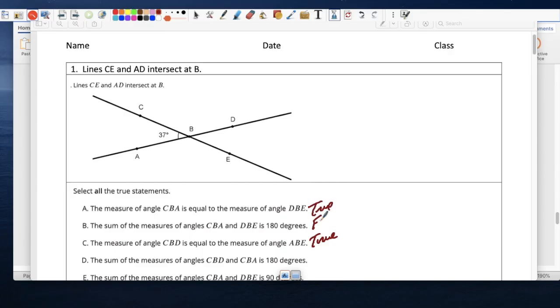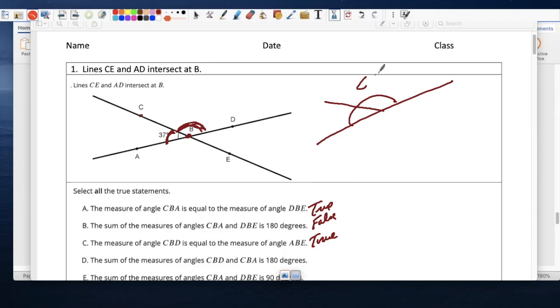This one's false. Sum of the angles CBD, so let's go for angle CBD. C, vertex B, this angle right here. And angle CBA, and this angle over here. So these two angles equal 180. Well, that is true. Look, it's a straight line, right? That's 180, and we split that 180 into two.